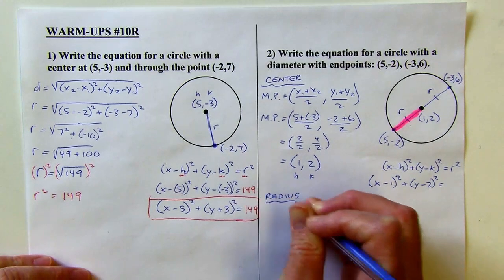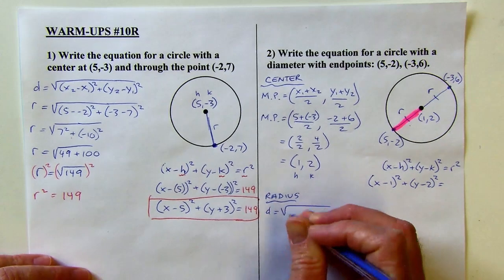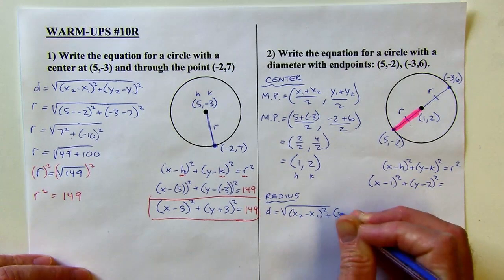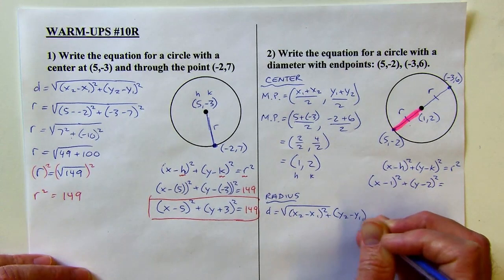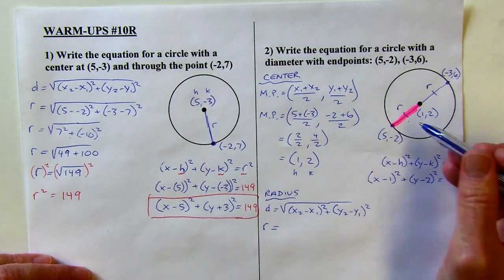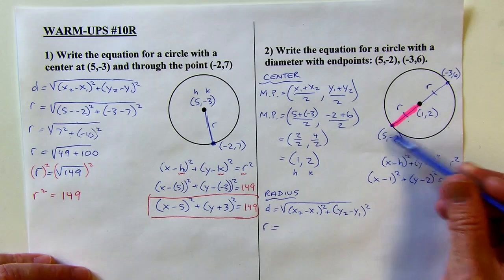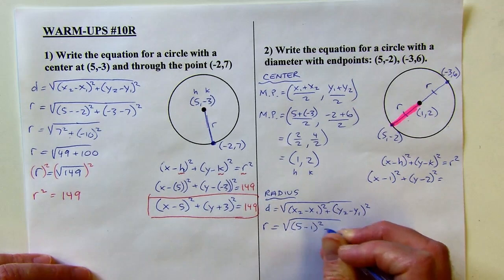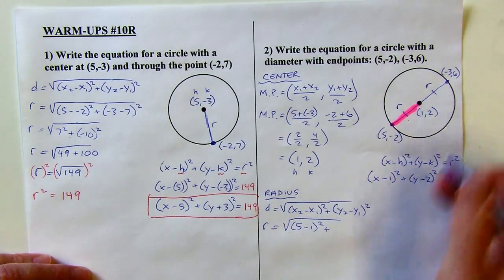I'm going to use the distance formula again. Same distance formula from problem number 1. That's what it looks like. Okay, and let's start plugging pieces in. So for the x's, I'll do 5 minus 1 for my x's. And for the y's, I'll do -2 minus 2.